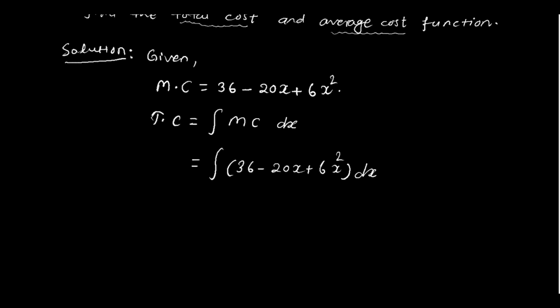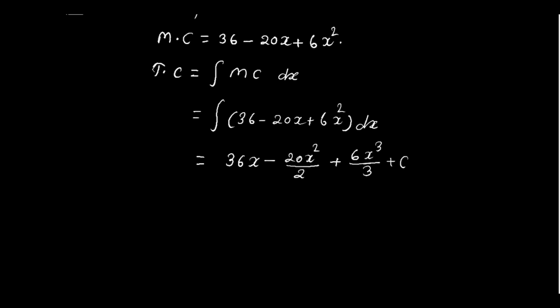So the integration of 36 is 36x. Integration of 20x is 20x square by 2. And the integration of 6x square is 6x cube by 3 plus the constant c, which equals 36x minus 10x square plus 2x cube plus c.